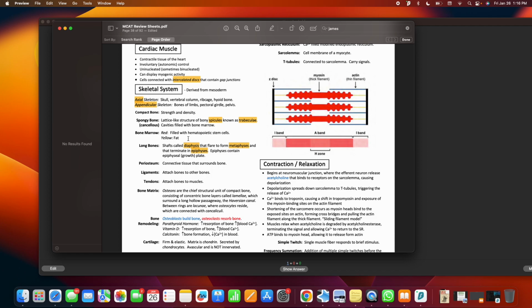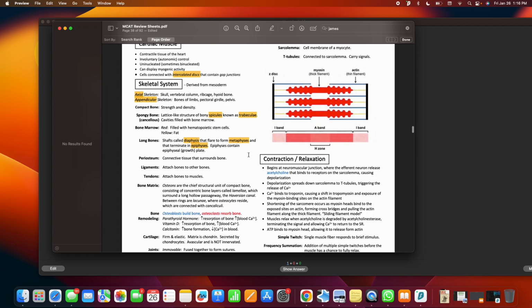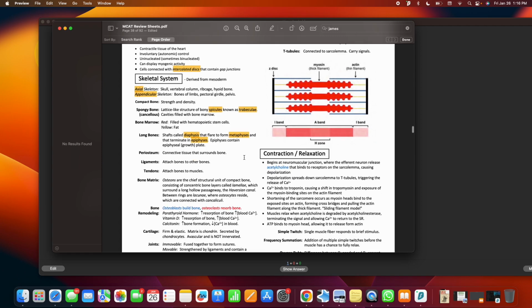We need to just go and look at the bone formation mechanisms for this. Then we have periosteum, which is a connective tissue that surrounds bone. So periosteum is around the bone. It's a connective tissue and it surrounds the bone.